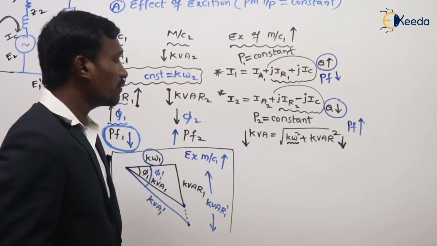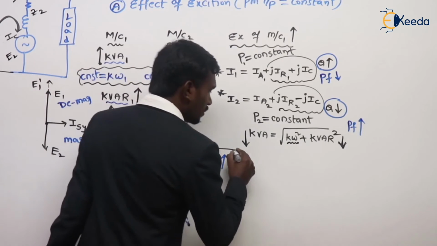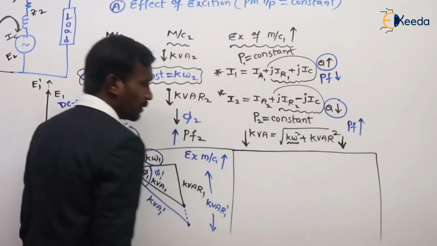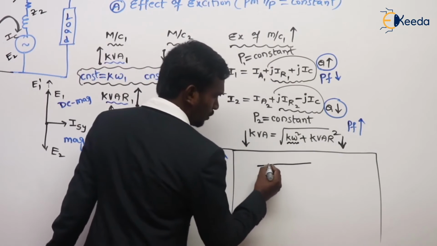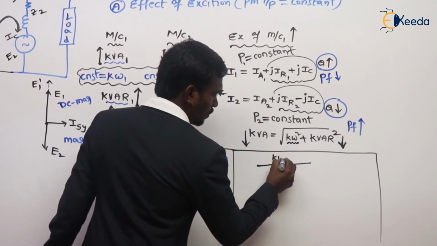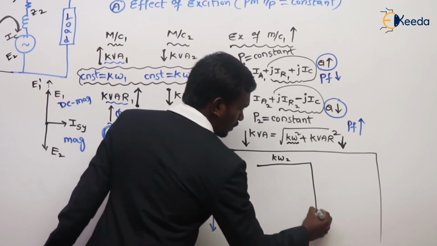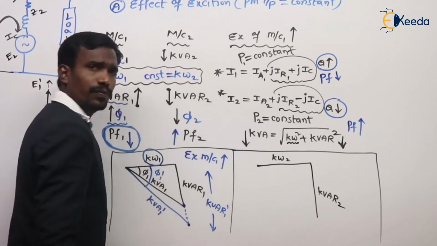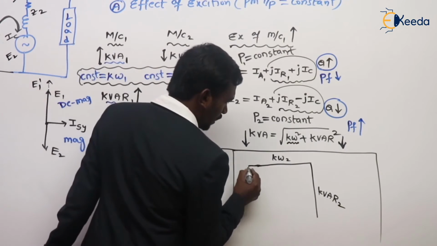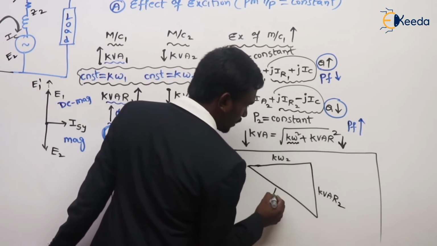If we draw the same diagram for machine 2, see, actually this is my kW, and actually this is my kVAR 2. Actually this is my kVA 2.